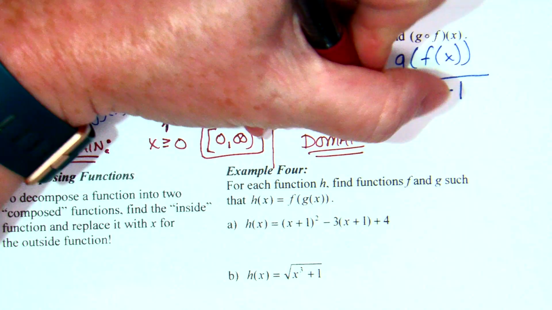Now, what about the domain this time? What do you know about the value under the radical? Almost.